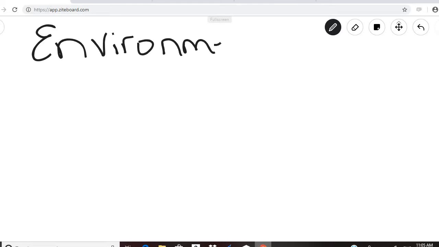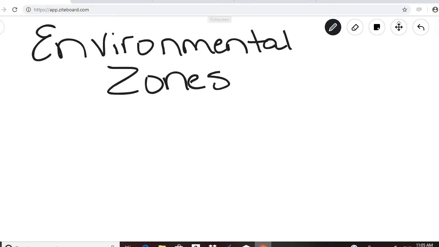We refer to these as environmental zones. And we'll put up a picture here in a minute, but a couple terms I want to introduce first.